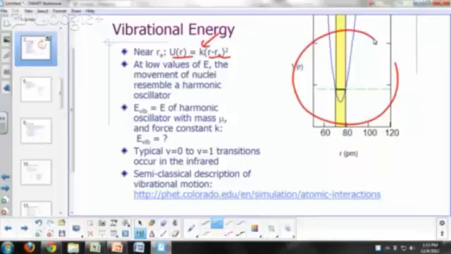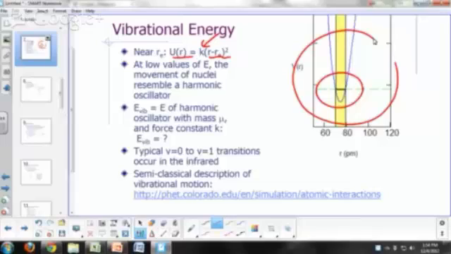So at very low energies, thinking of it in terms of classical mechanics, the movement of the nuclei would resemble that of a harmonic oscillator. In fact, when we solve for the vibrational energies, you'll find that for low energies we essentially get the formula for the energies of a harmonic oscillator.